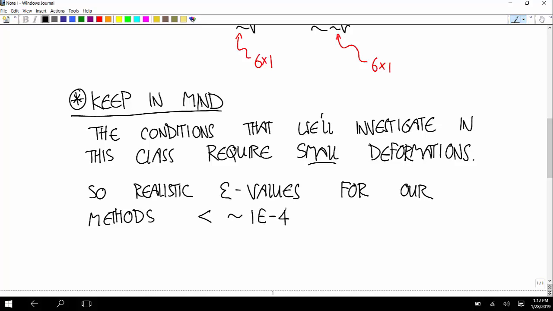Okay. As we're learning how to do strain calculations, I'll give you some examples where you get values way bigger than that. But just remind yourself, in that case and in every other case, when you see values considerably bigger than 1 times 10 to the minus 4, that should put up a red flag.